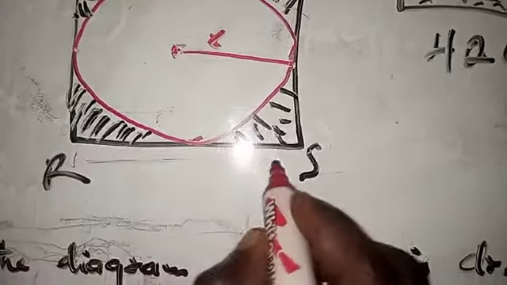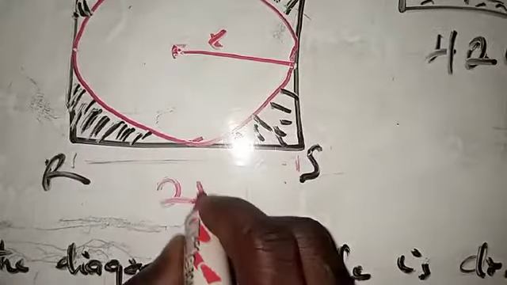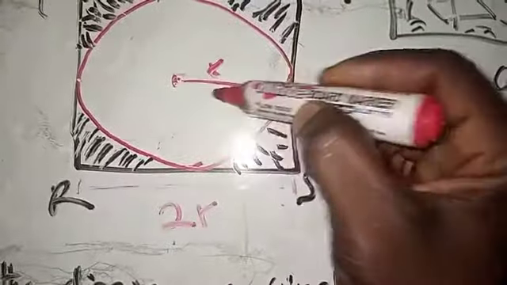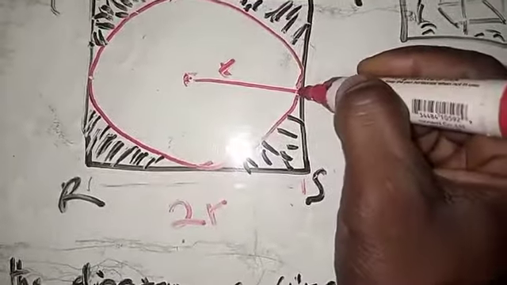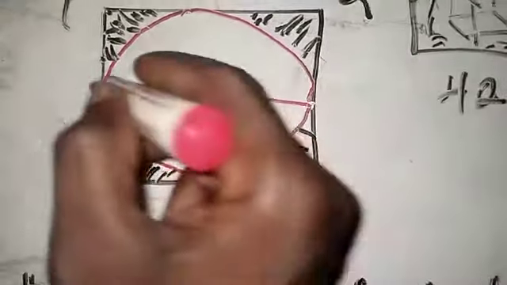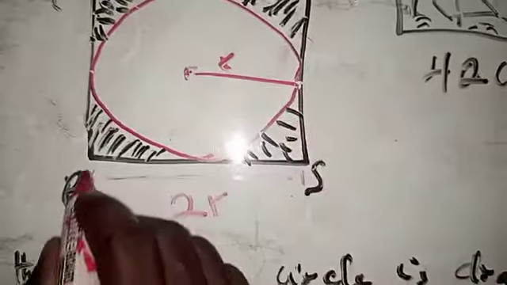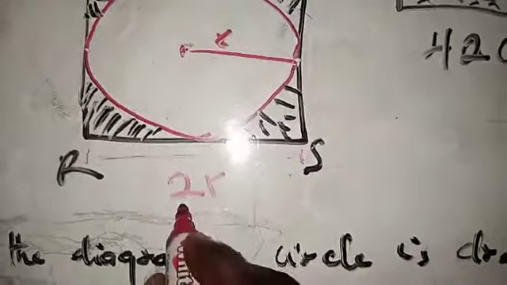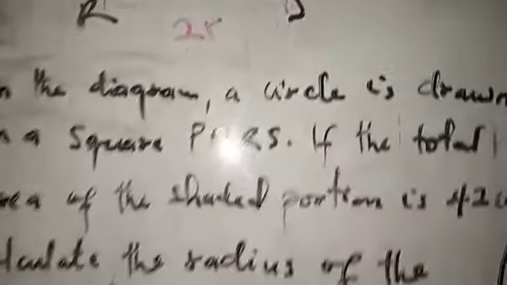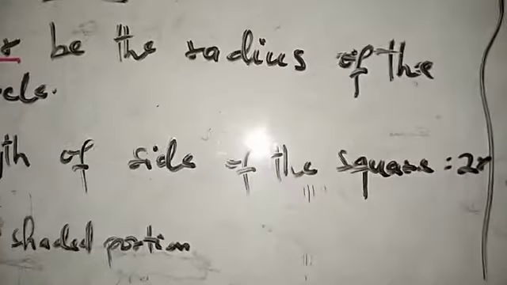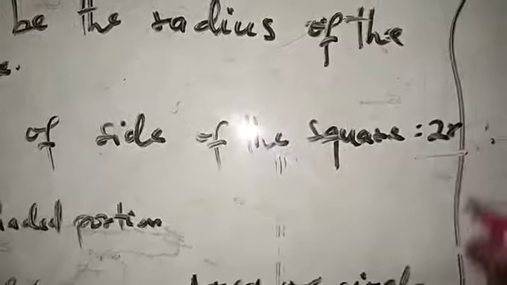So everything from end to end will give us 2r, because this is half of the entire dimension. So the length of one side of the square is 2r. Now let's see how you can use this information, now that we know this is 2r.